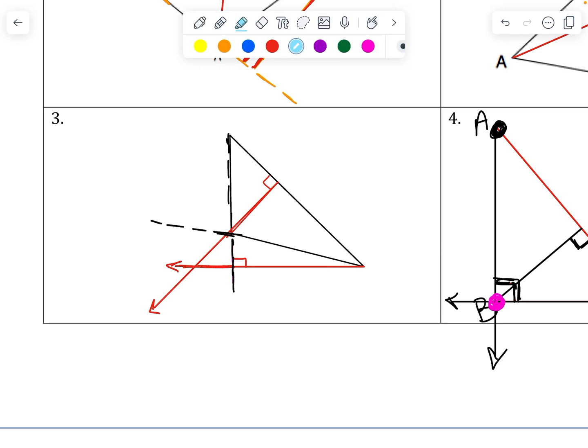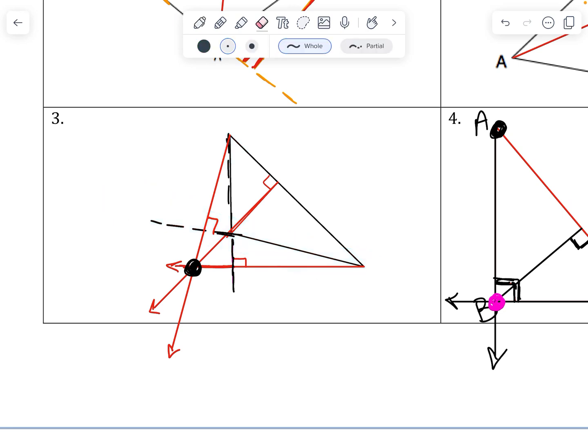If I want to make the altitude from that corner, to the opposite side, again, I'm going to run into this issue where I've got to go down to 90. And then if I extend that a little bit more, I get my orthocenter right where those three lines cross.